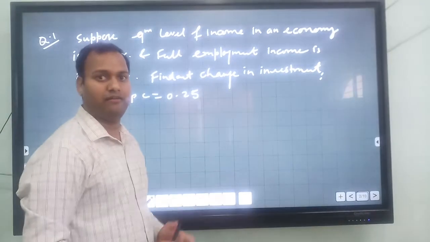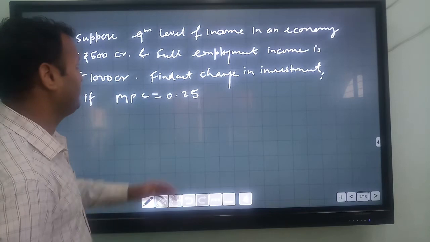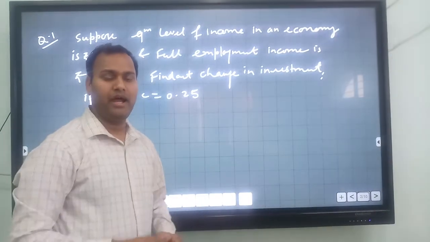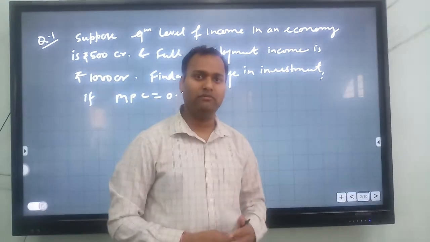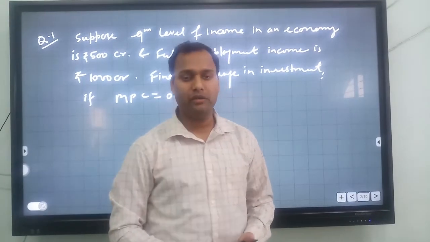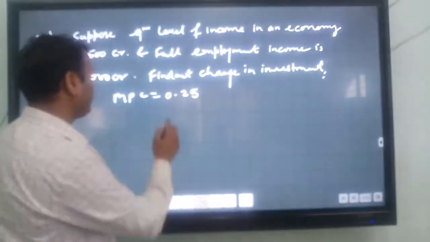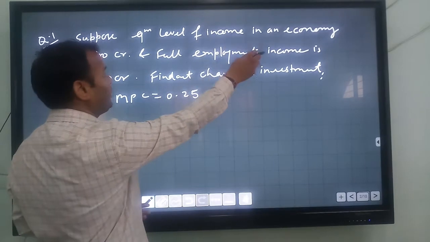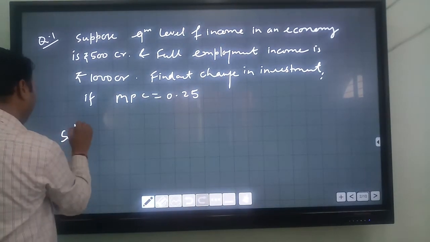Now in this question we are given two kinds of income, that is the equilibrium level of income and the full employment level of income. So how to calculate the change in income? We subtract the equilibrium level of income from the full employment income. Here the change in income is not mentioned, so we have to calculate it.